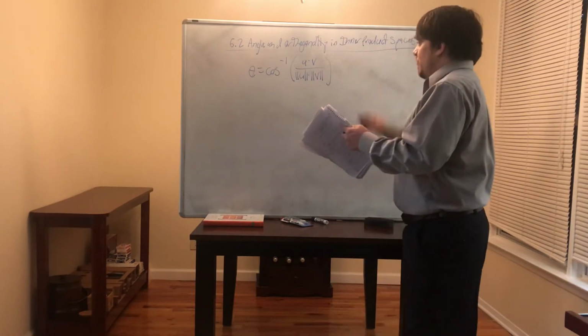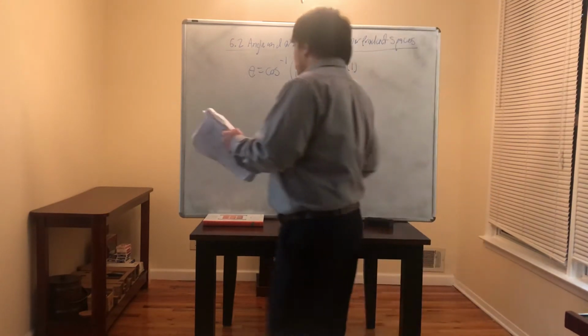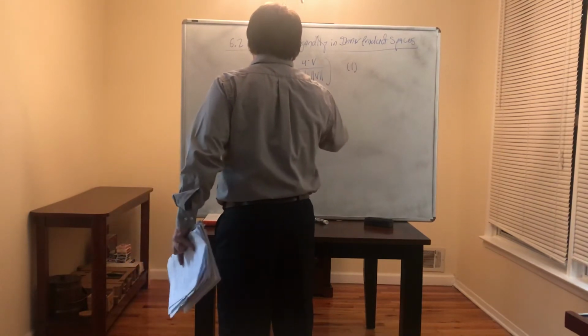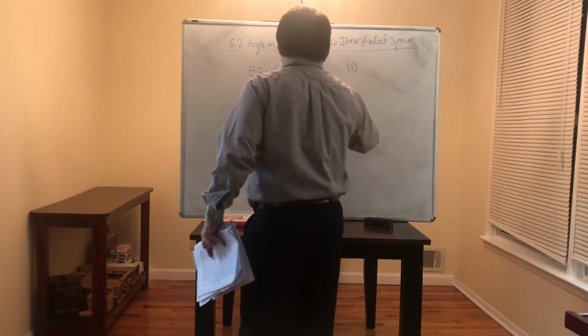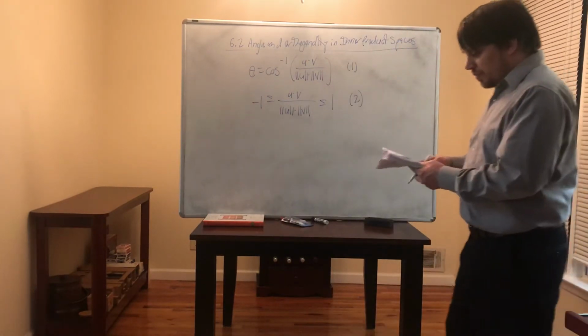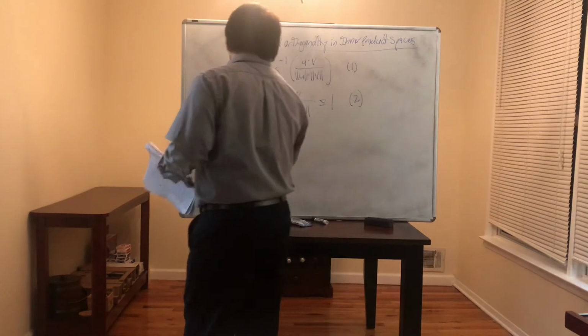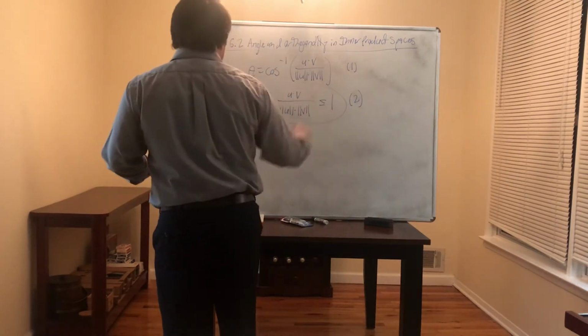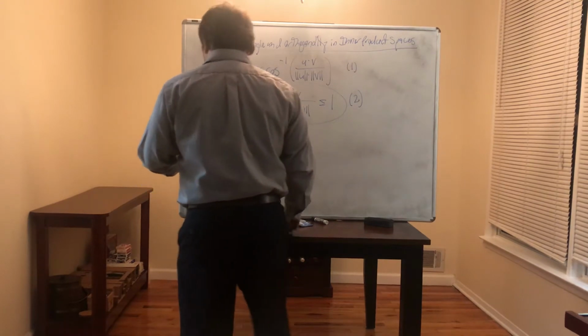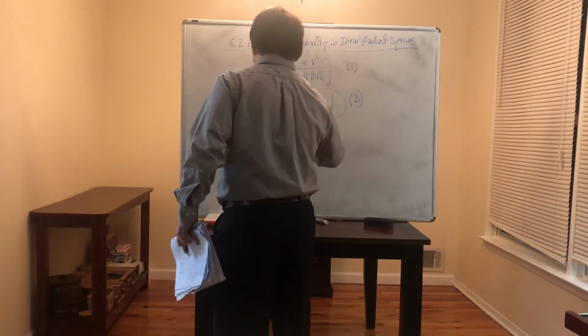And because we know that, we can say that -1 is less than or equal to u dot v over the norm of u times norm of v, which is less than or equal to 1. That's fact 2 in this section. And because we can say this, we have Theorem 6.2.1, which is the Cauchy-Schwarz inequality.